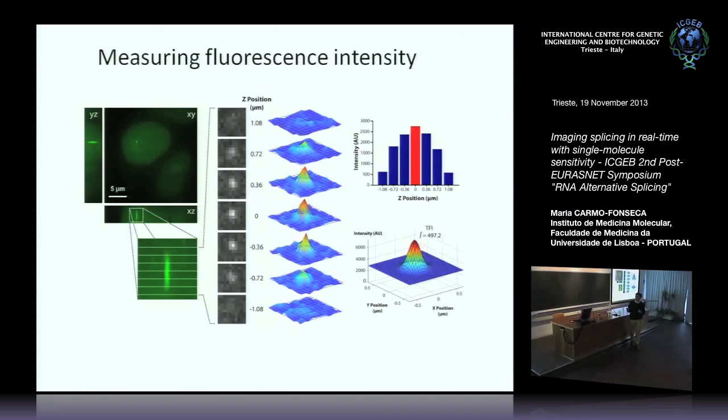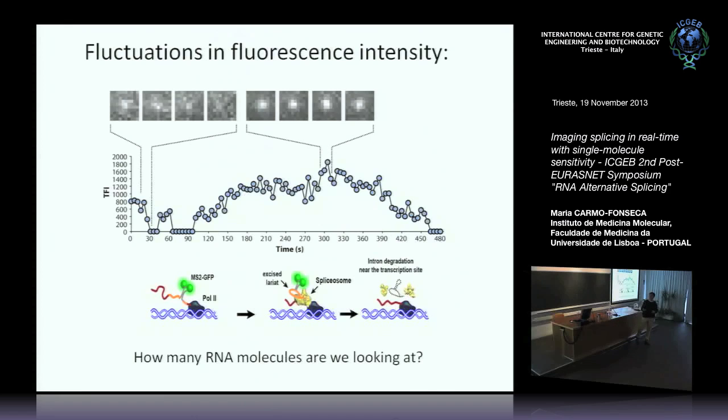And as I mentioned, we use the spinning disk confocal, so we always record a stack of images around the transcription site, and over time we measure the intensity at the best focal plane. The type of plots that we get of fluctuations of fluorescence intensity over time look like this. This is how the raw fluorescence looks in the microscope.